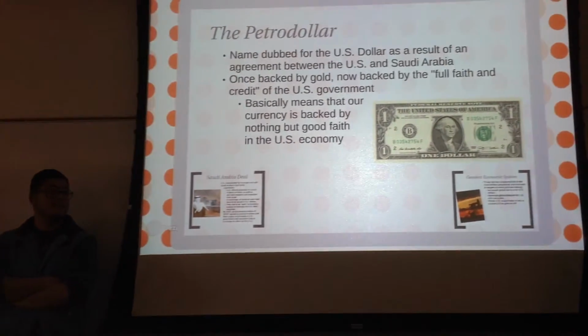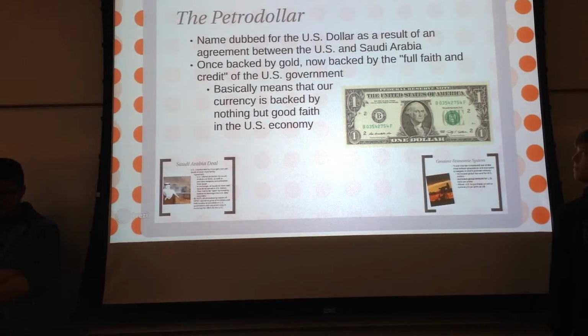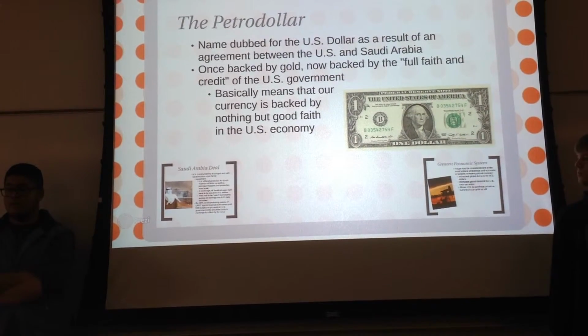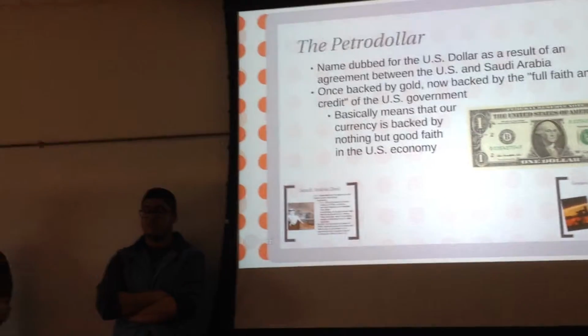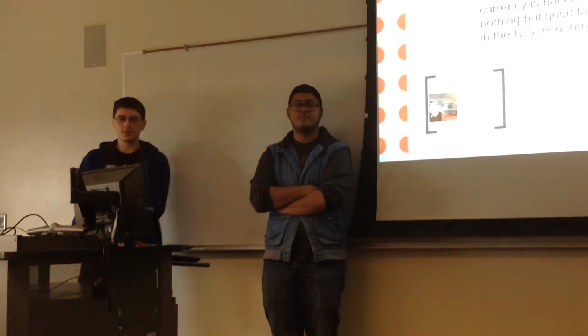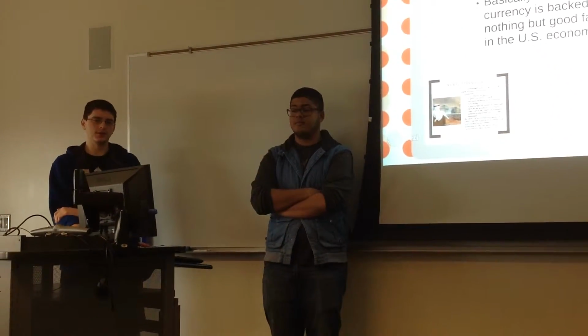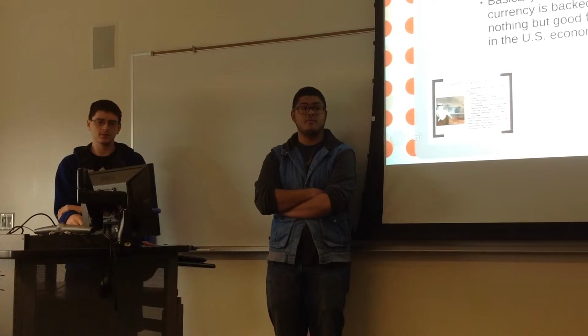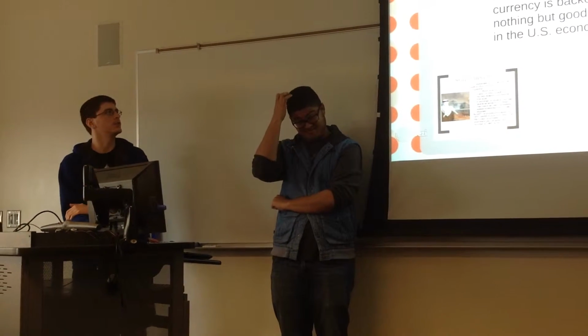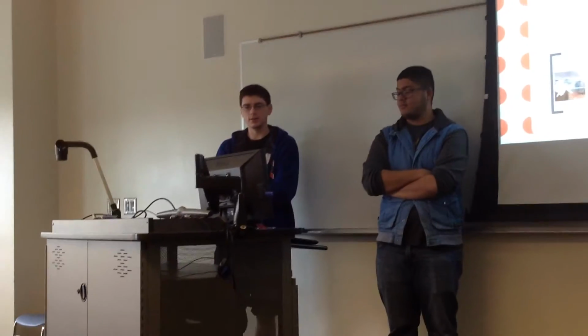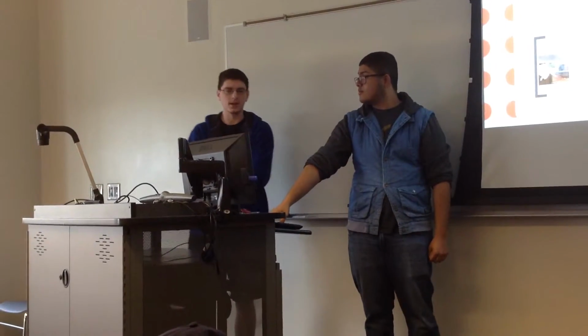All right, the petrodollar. It was basically the name given to the U.S. dollar as a result of an agreement between the U.S. and Saudi Arabia. Once backed by gold, now backed by the full faith and credit of the U.S. government, the dollar basically has to use other things to create its value. And our currency is backed basically by the U.S. economy.